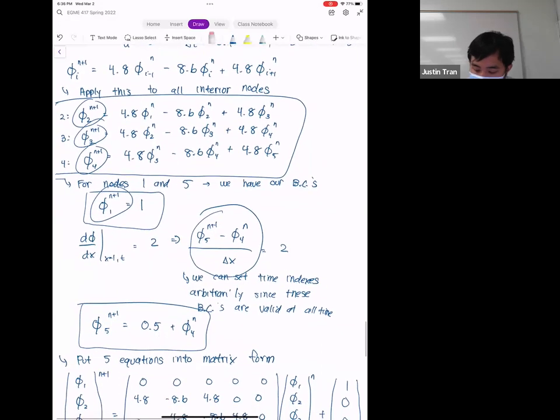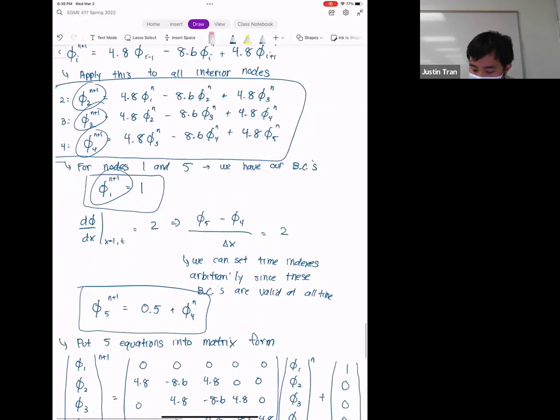And so the thing that I manipulated, because normally when you write your Neumann boundary condition, it just looks like this. You say the derivative of the solution at the end of the domain is equal to 2. And you replace that derivative with the finite difference approximation, which is normally phi 5 minus phi 4 divided by delta x is equal to 2. What I manipulated here is where I put the time indexes.